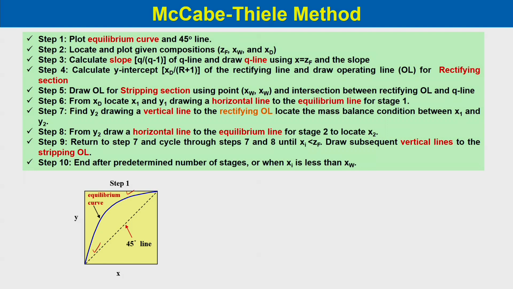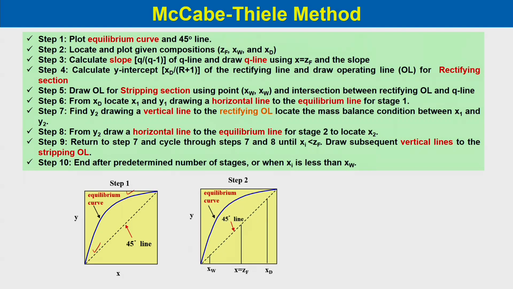So, you have to locate these points on the curve. This is ZF which is on the 45-degree diagonal, then XD is over here and then XW is over here.